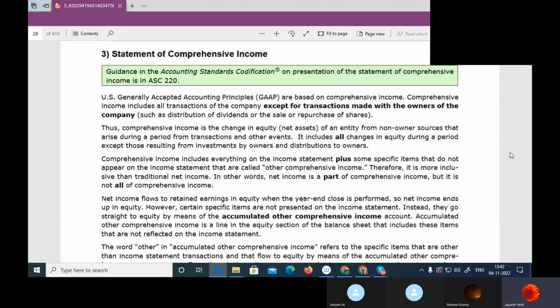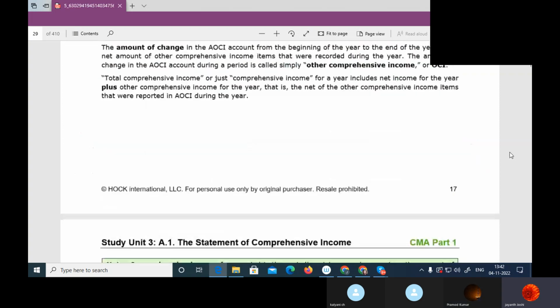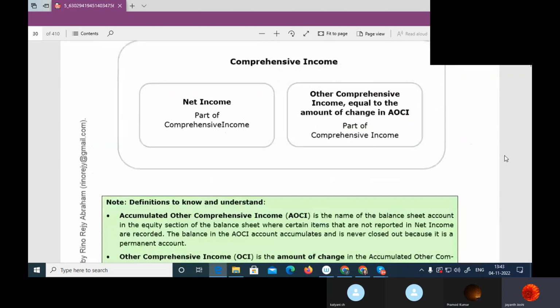Next, we will discuss other comprehensive income. Net income is part of comprehensive income, because you make your net profit.